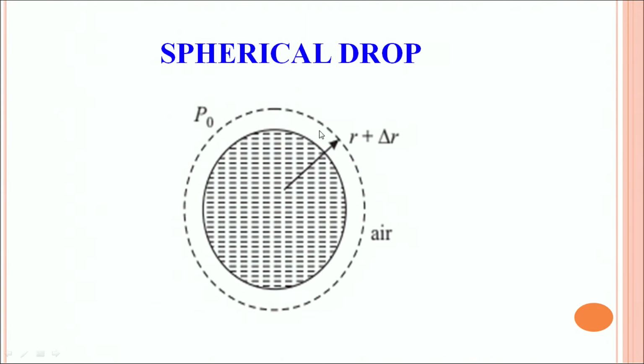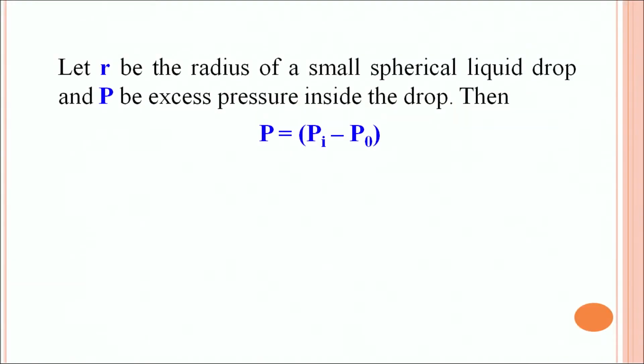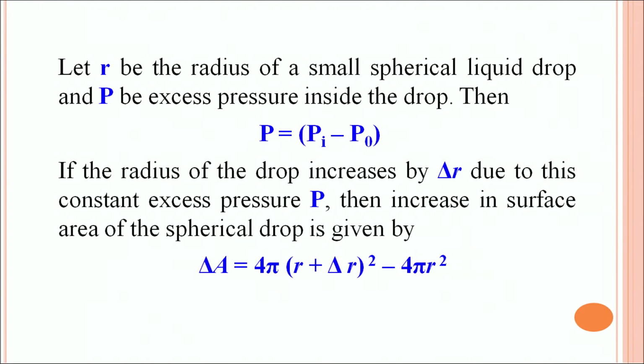This displacement that has been increased is denoted by delta r. We can see the excess pressure in this liquid drop: the difference between the initial pressure and the final pressure is the excess pressure.